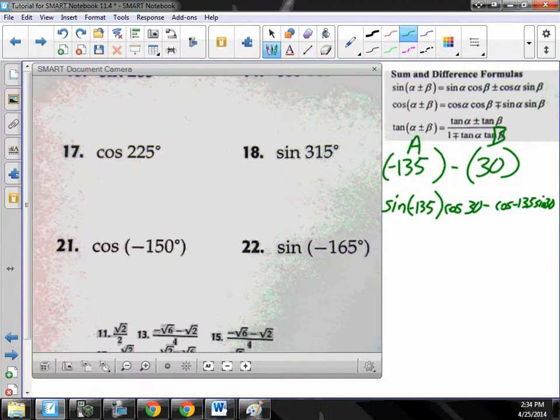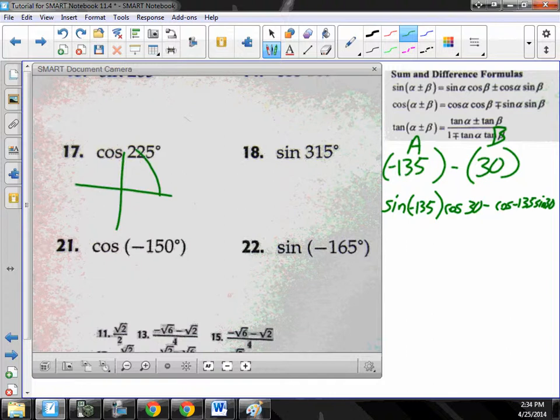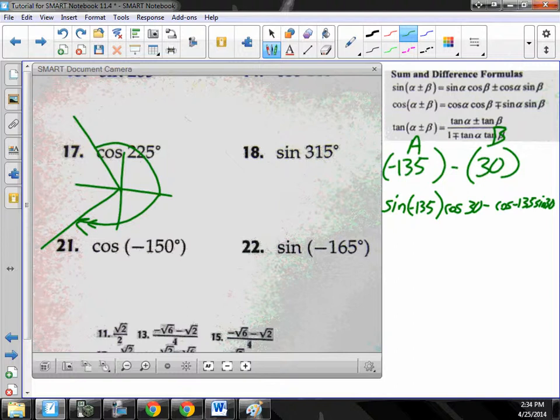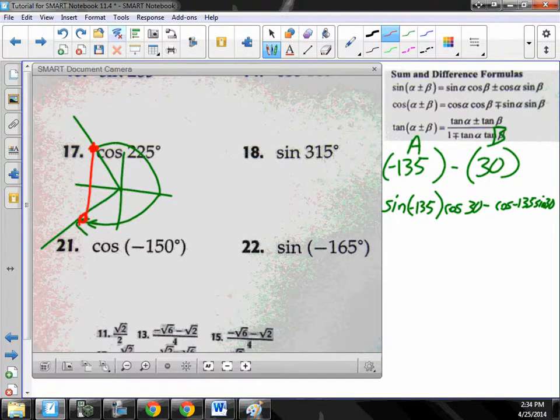Well, one way to do it, 135 is that much. So negative 135 would be the same angle in quadrant 2. One way to do that without too much thinking: positive and negative angles are always vertical from each other. Always.